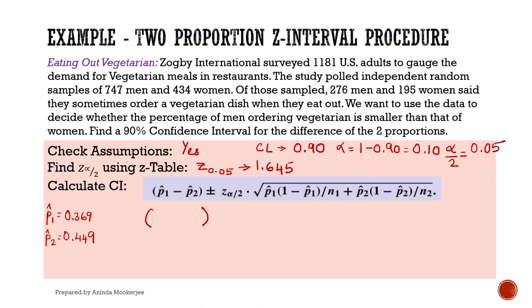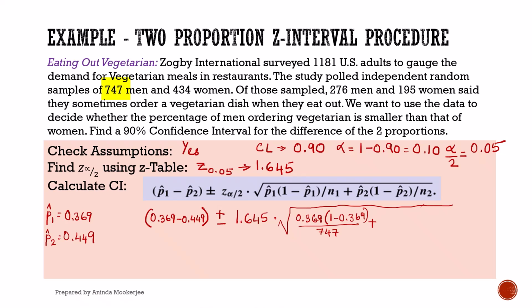So P hat sub 1 is 0.369 minus 0.449 plus minus, and then z of alpha by 2 is this value here, 1.645 times square root over P hat sub 1 is 0.369 times 1 minus 0.369 divided by n sub 1, which is 747, plus again P hat sub 2 is 0.449 times 1 minus 0.449 divided by n sub 2, the sample size for women, which is 434, correct?